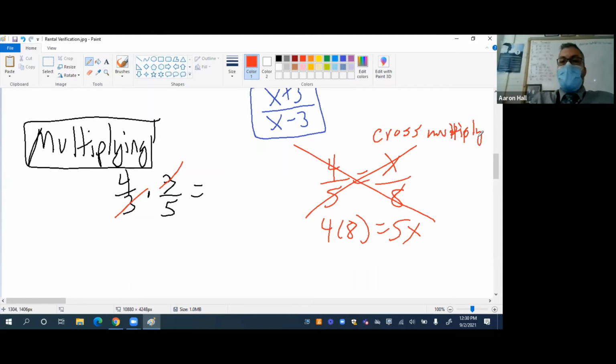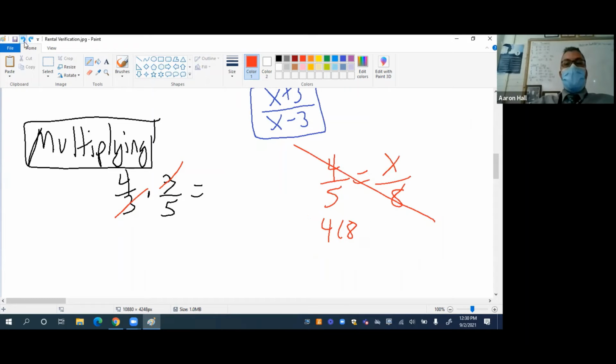The only time you'll ever cross multiply is when you have a fraction equals a fraction. If you don't have a fraction equals a fraction, you will not cross multiply. So this is called cross simplification. We are simplifying crossly or diagonally.